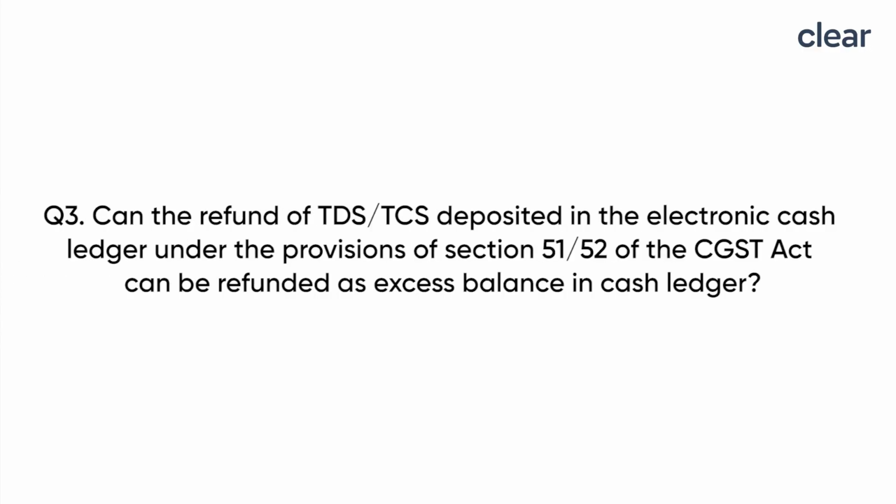Third, can the refund of TDS or TCS deposited in electronic cash ledger under the provisions of Section 51 or 52 of CGST Act be refunded as excess balance in the cash ledger? Answer is that the circular says that any amount deducted or collected as TDS or TCS under provisions of sections 51 or 52 of CGST Act and credited to electronic cash ledger will be equivalent to the cash deposited in electronic cash ledger.